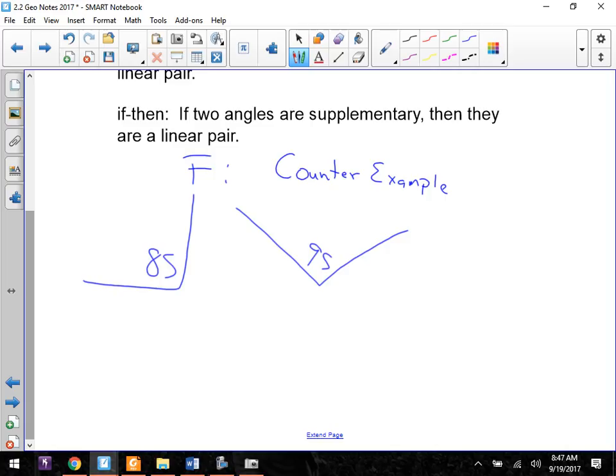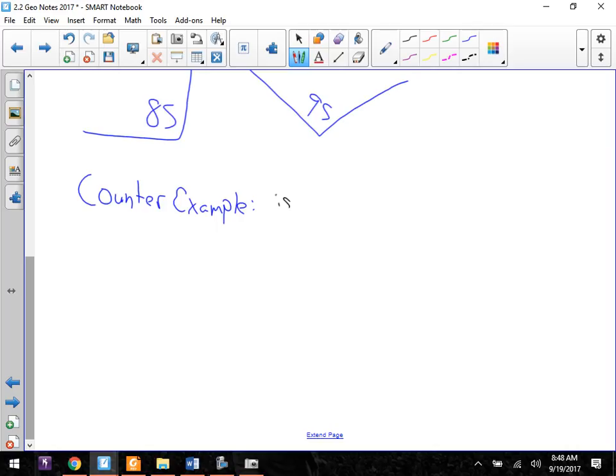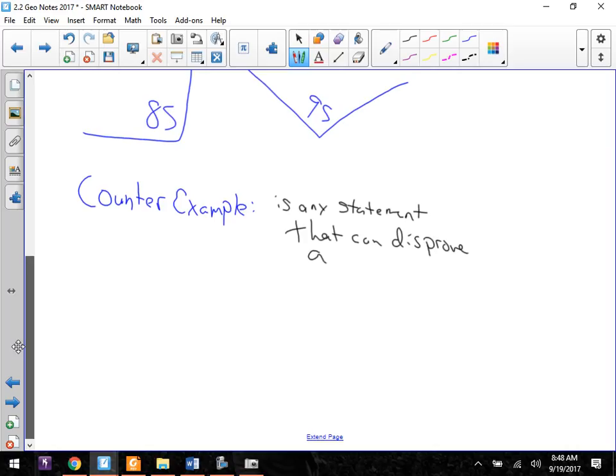So what I'm getting at here is this thing called a counterexample. A counterexample is any statement that can disprove an if-then.